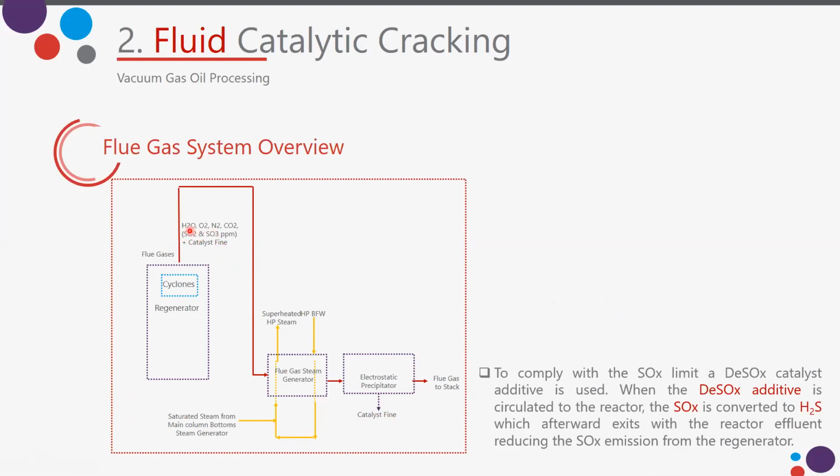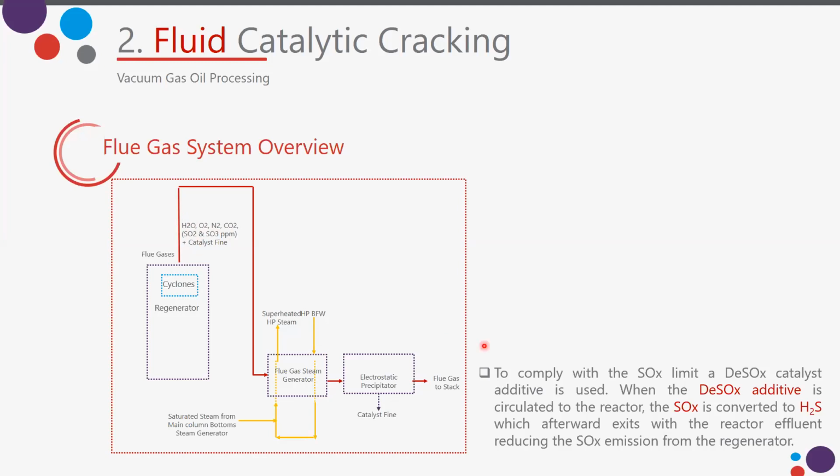The SOx in these flue gases, we have a limit, okay? For environmental reasons, we cannot have a lot of SOx in these flue gases. And even if we work with a hydrotreated feedstock, we will have some SOx. How will we reduce this SOx?